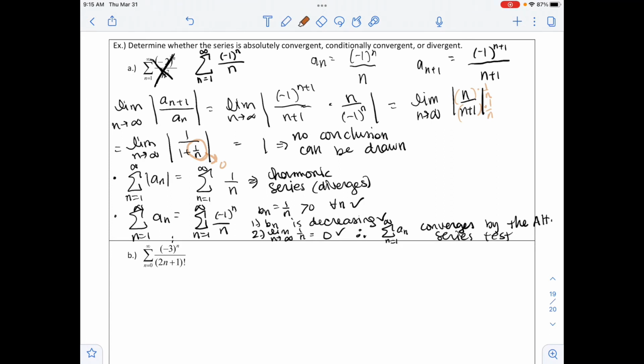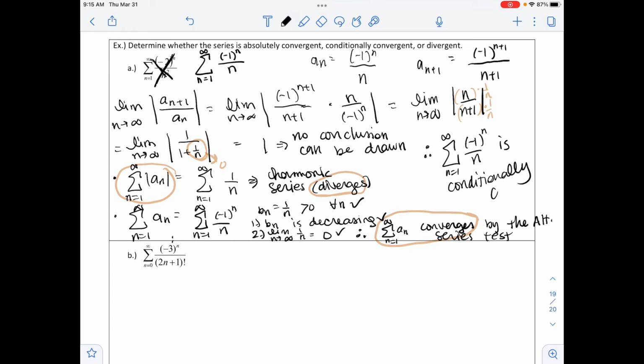So since we know that this a sub n is going to converge, however, our absolute value of a sub n diverges, we can say that therefore the sum from n equals 1 to infinity of -1 to the nth power over n is conditionally convergent. Which would be our final answer.